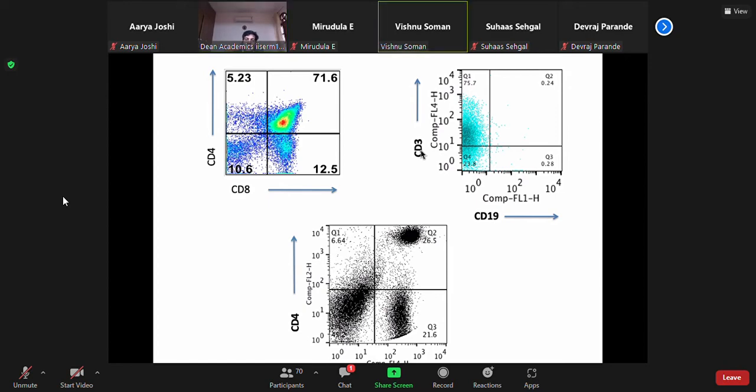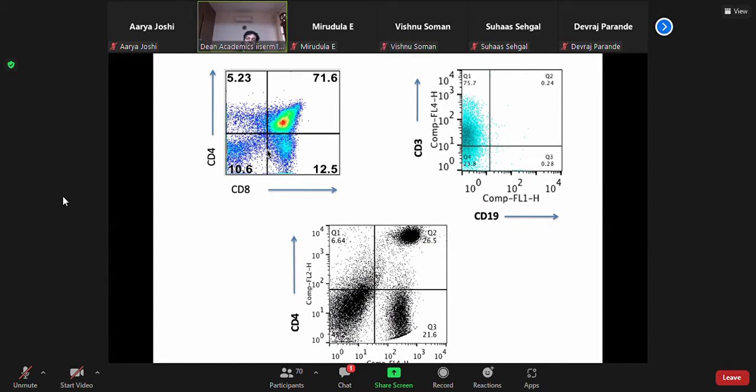Mridula has written that in the top right plot, the cutoff is around 10 to the power 1 for both CD19 and CD3. However, in the bottom plot, the cutoff is between 10 to the power 1 and 10 to the power 2 for CD3 and around 10 to the power 2 for CD4. So how are these cutoff lines distinguishing positive and negative estimated for each FACS plot?